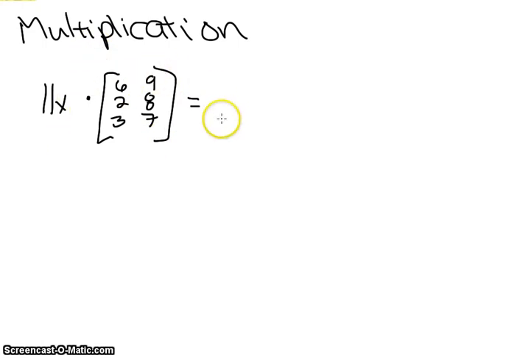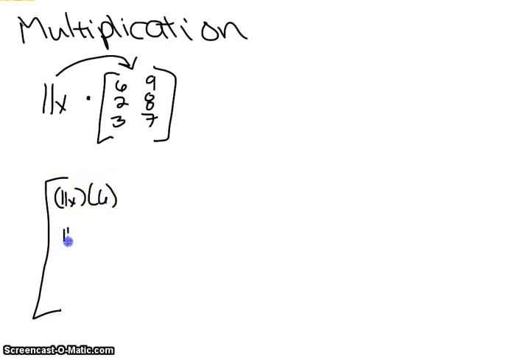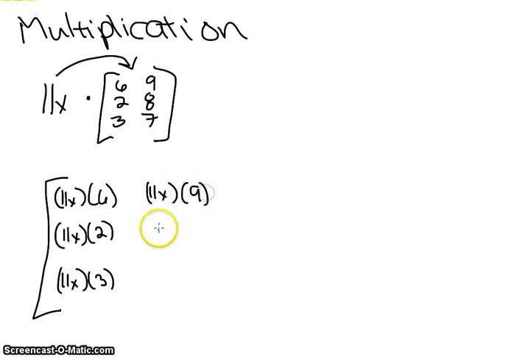So we need to distribute this 11 throughout the entire thing. So I'll show you what that looks like when you do distribute it throughout. 11x times 6, 11x times 2, 11x times 3, 11x times 9, 11x times 8, and 11x times 7.